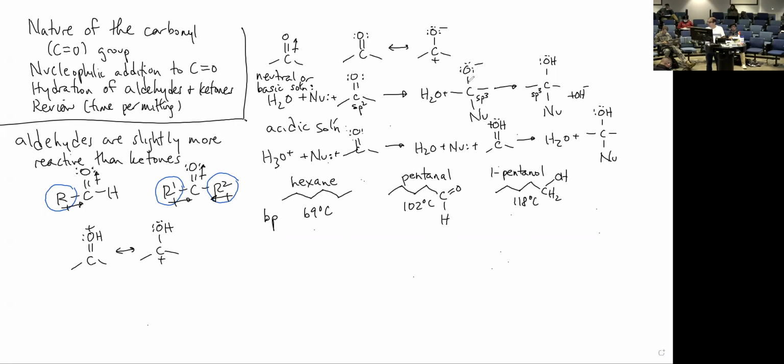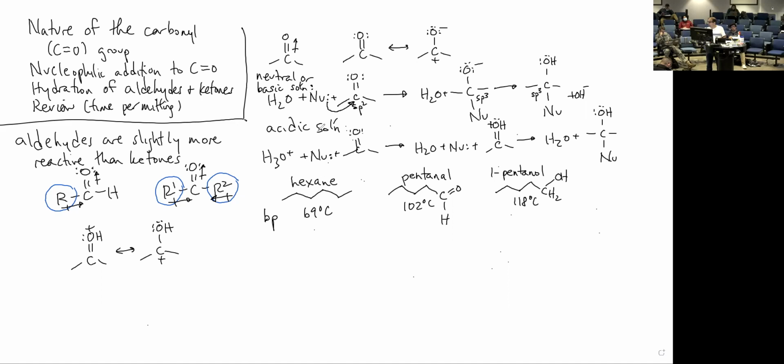So we've broken the carbon-oxygen pi bond. And as a result, we now have a minus charge on oxygen. If I were going to draw a mechanism for this, which is not something I want to emphasize really heavily, but it's not that hard, you would show the nucleophile donating its electron pair towards the carbonyl carbon.